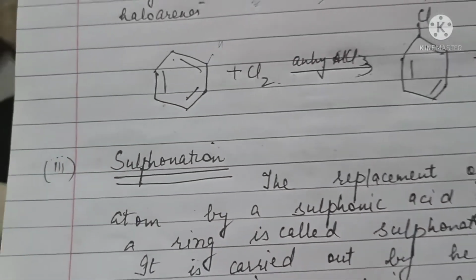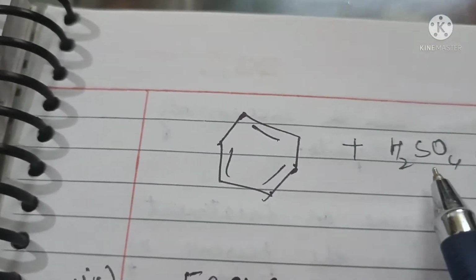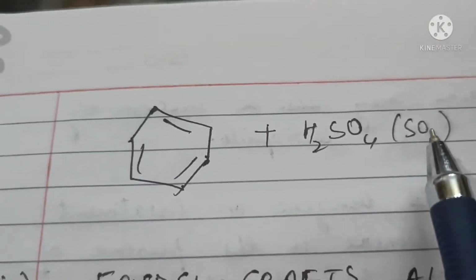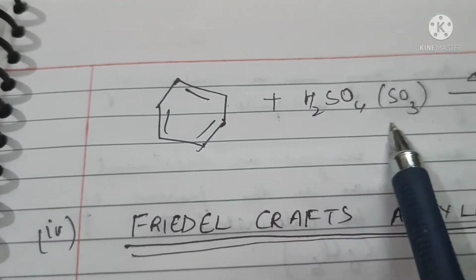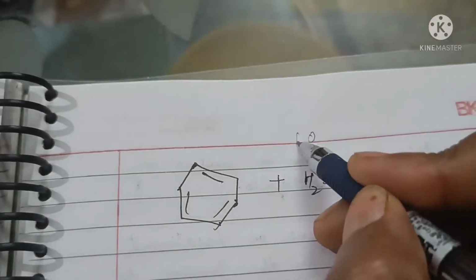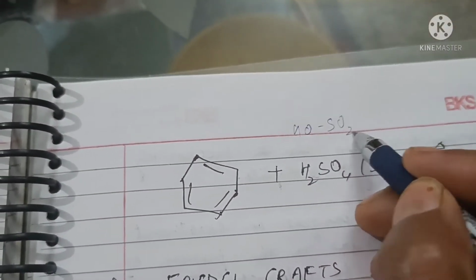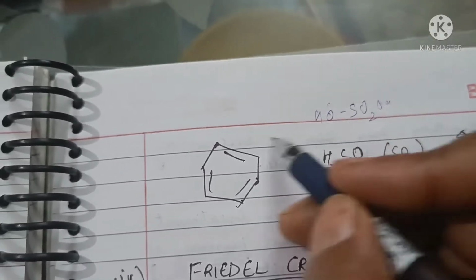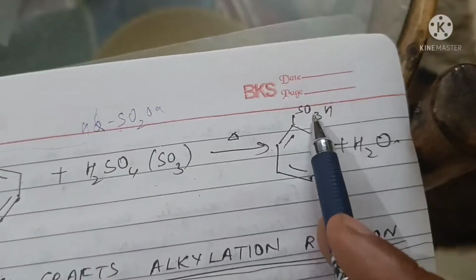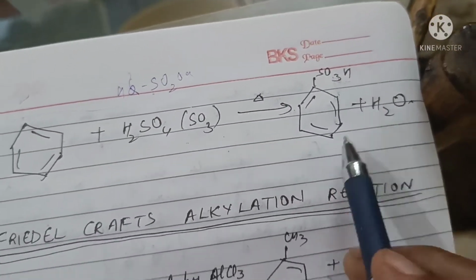Similarly, when benzene is heated with sulfuric acid and sulfur trioxide, that is oleum, fuming sulfuric acid, the OH of sulfuric acid will combine with the H of benzene to form water, and the sulfonic acid group gets attached. SO3H is attached.